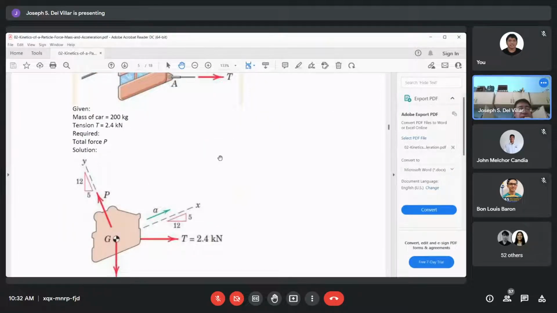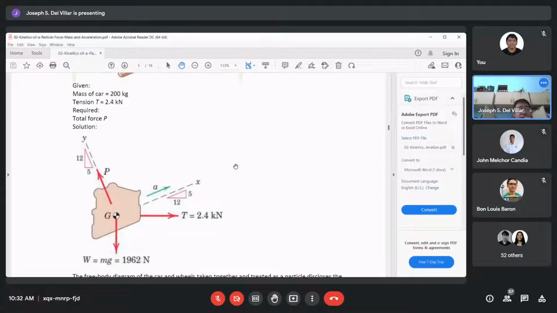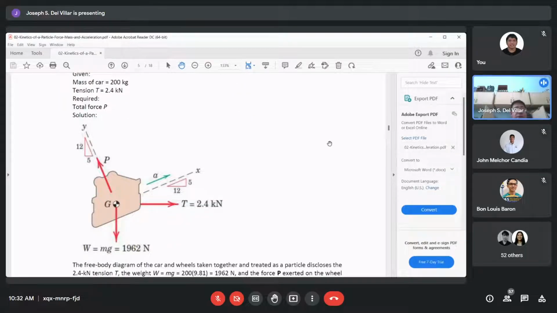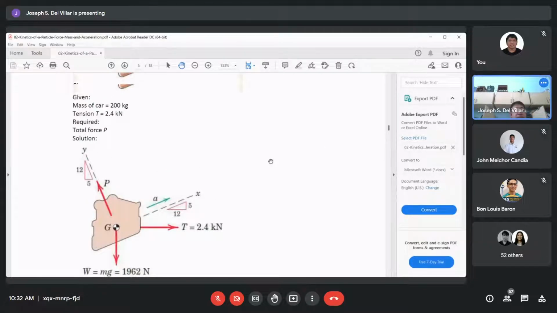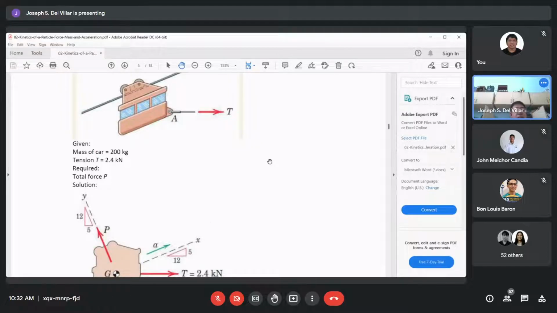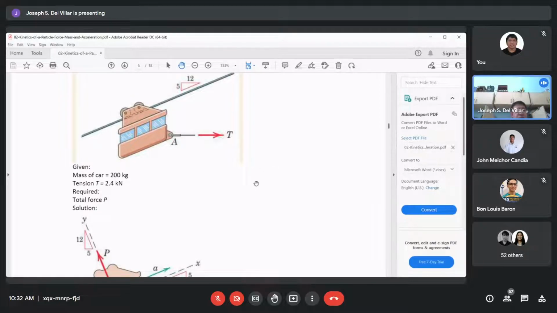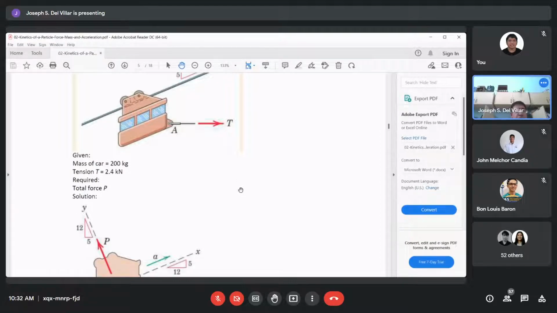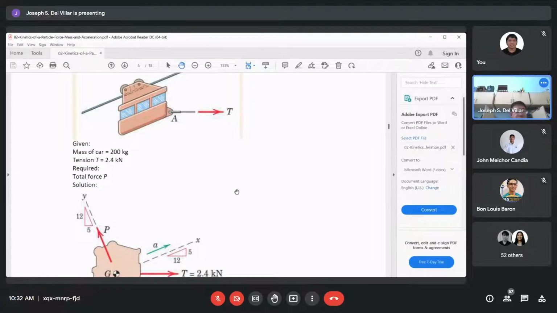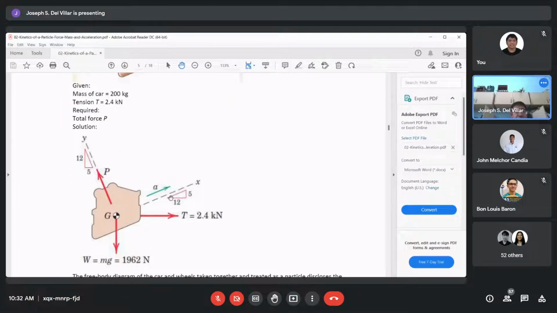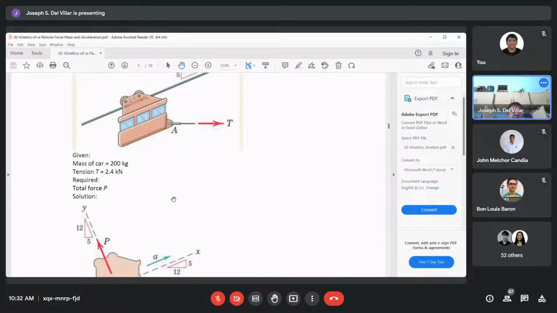Okay, take a look at the representation of forces. Okay. So, ni-reverse yung pinatayo yung cable. No? Okay. So, this time, the slope is 12/5. No? As against dito sa original, 5/12. Okay. So, that is the force P. No?